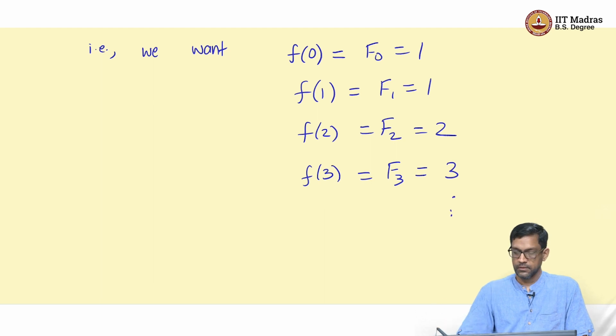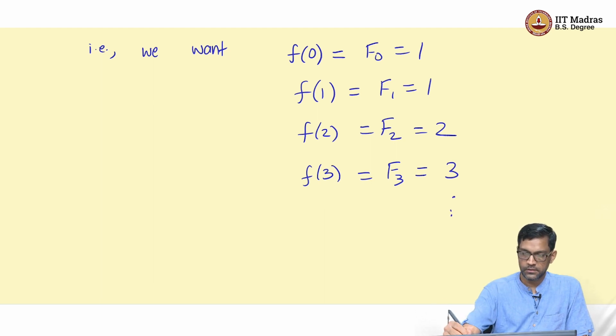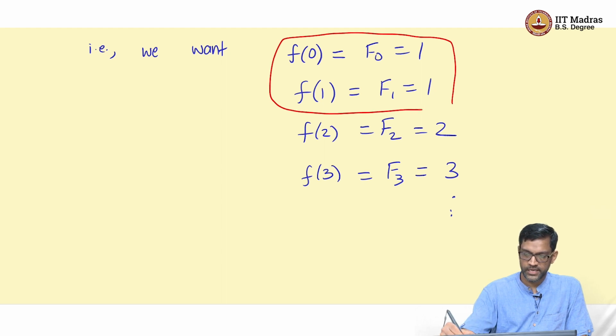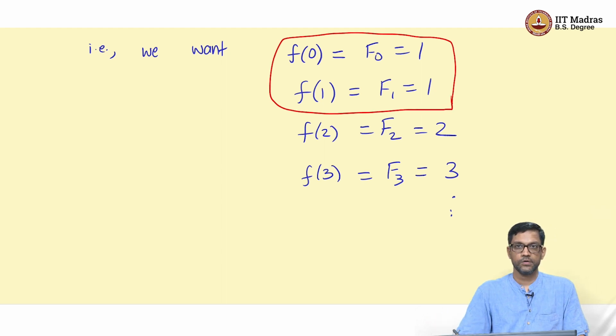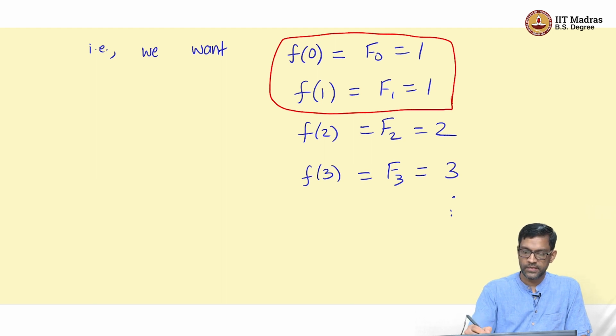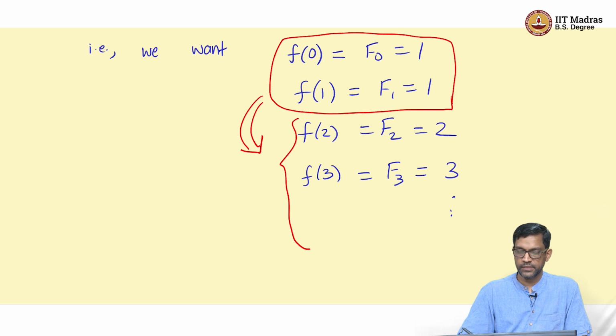But the first and important observation here is that it is actually enough to ensure that the first two terms match. If f_0 and f_1 equal the 0th and first Fibonacci numbers, then that implies that all the other equalities hold.